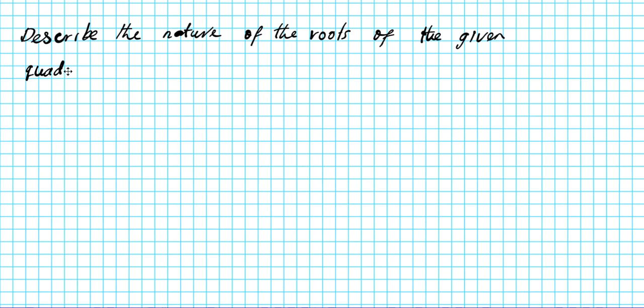We're going to describe the nature of the roots of the given quadratic equation using the discriminant. Okay? Using the discriminant. And then we are to solve the equation using the quadratic formula.